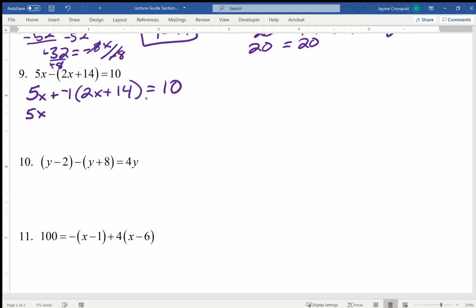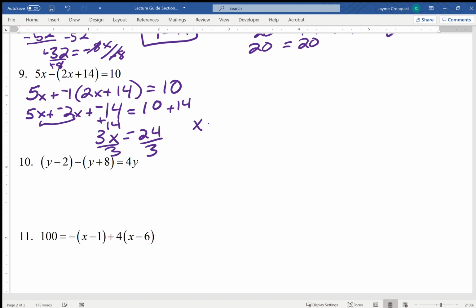So that's going to give me plus a negative 2x plus a negative 14 equals 10. All right, I'm going to add the plain 14 to both sides. That's going to end up with a 24. I'm going to put these two together. 5 minus 2 is actually 3x. Divide by 3. X equals 24 over 3 is 8. And now we're going to check it.